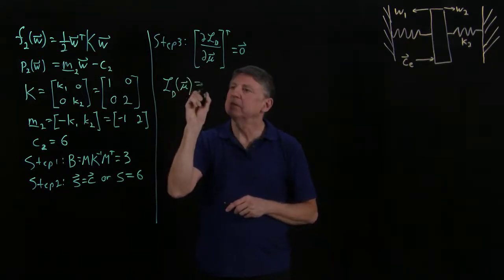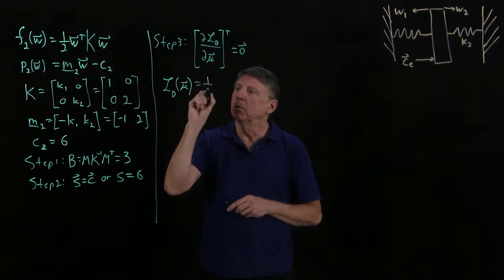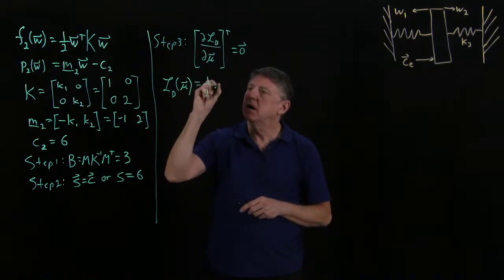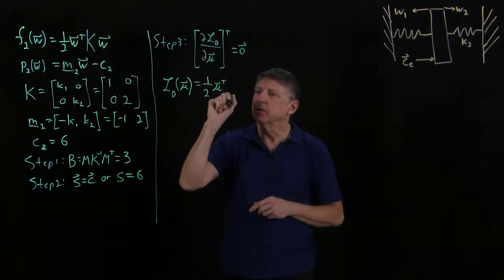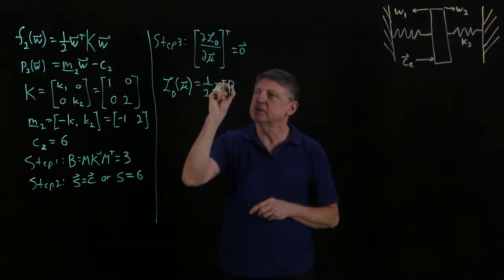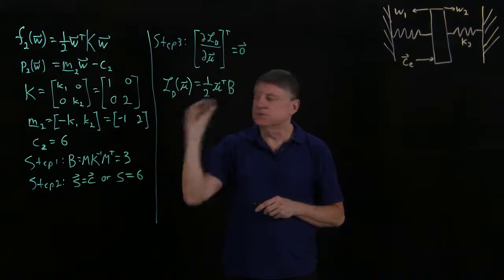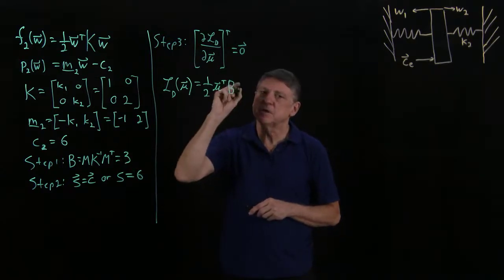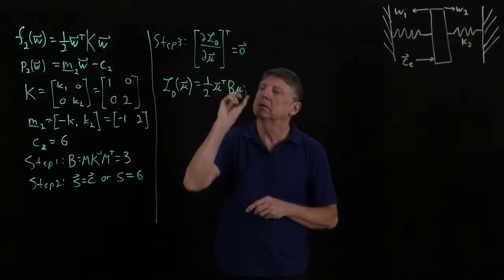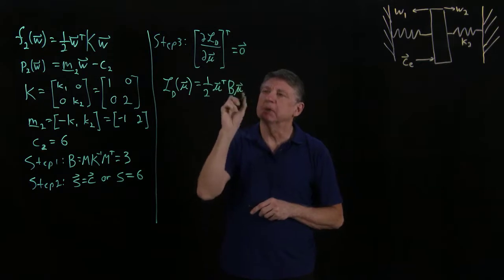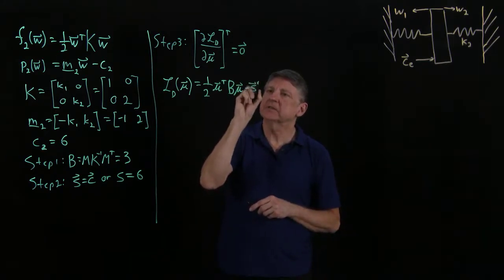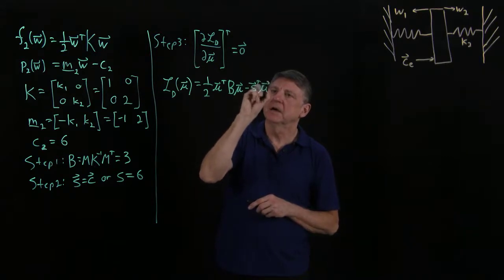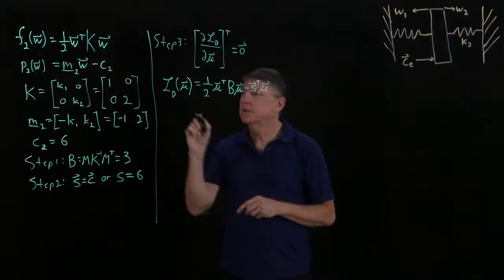So in general, it will be 1/2 of, we take the transpose of the Lagrange multipliers times this B matrix, times our multiplier vector, and we subtract S transpose times our multipliers.